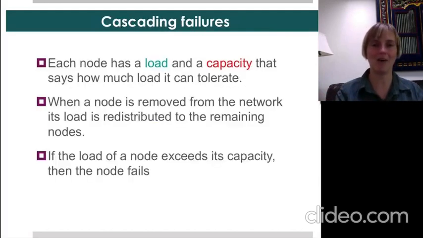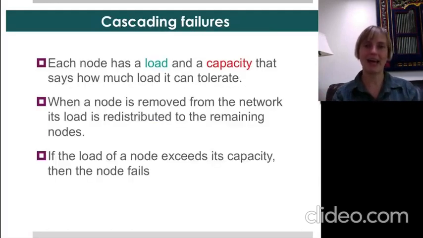So let's see how that happens. What happens is that when a node goes out, it will have some load and a capacity, and say that the load exceeds the capacity, the node will fail, and now its load is redistributed around to its neighbors.